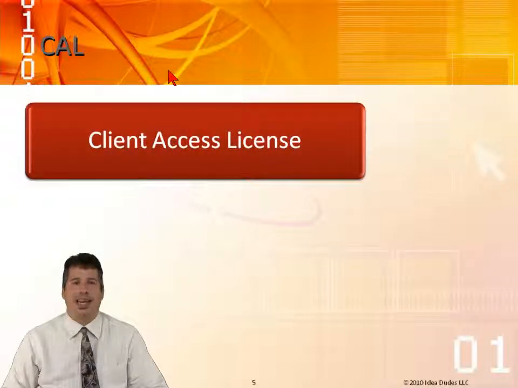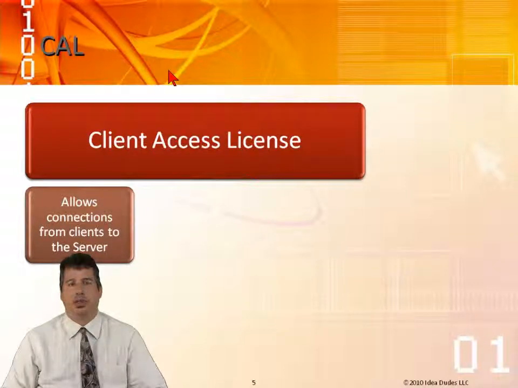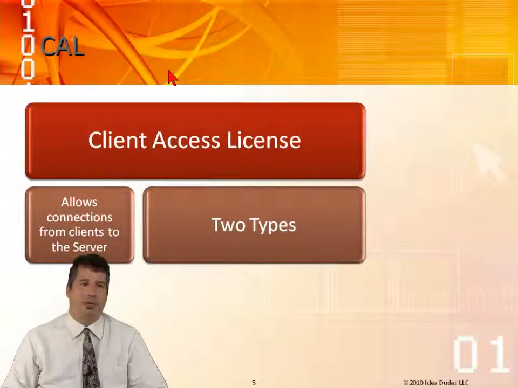So we're talking about CALs, and a CAL stands for Client Access License. The client access license allows us to connect from a client to the server. There are two types of CALs that we have.